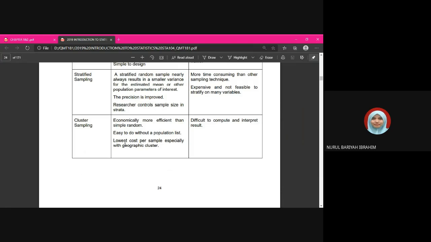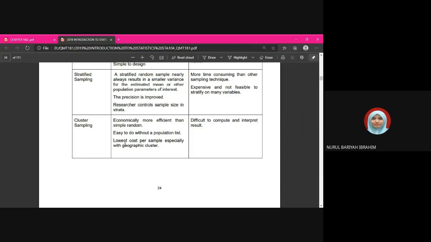Okay, so it will lower the cost. Easy to do without a population list. If we cannot have the sampling frame, so we can use the cluster sampling because of kita pilih clustered sample, kan? Kita hanya pilih cluster sahaja. And then all the members dalam tu will be the sample. So tak perlu ada population list.